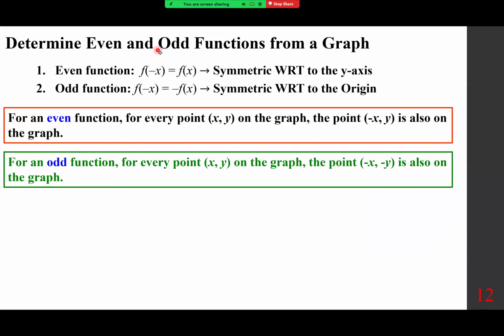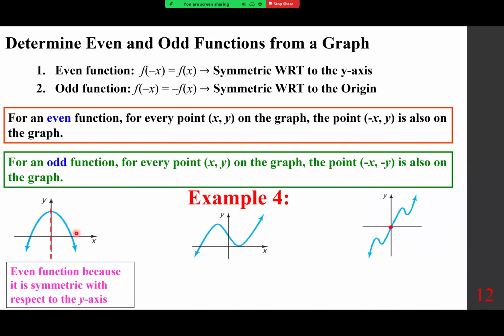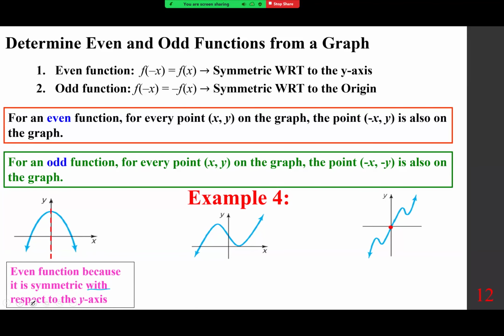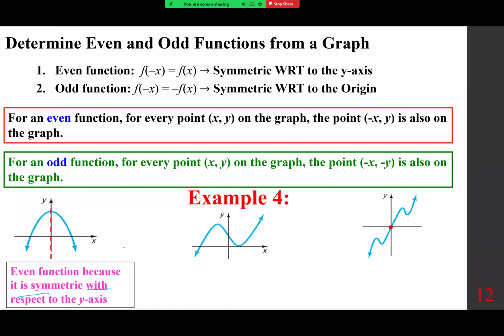Determine even and odd functions from a graph. We are repeating the definition. We are looking at this example where three graphs are given. As you can see, this one is an even function because it is symmetric with respect to the y-axis. With respect to, sometimes we just write WRT, okay?